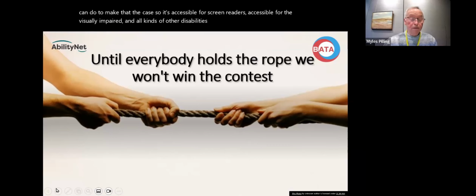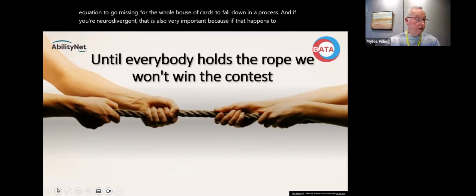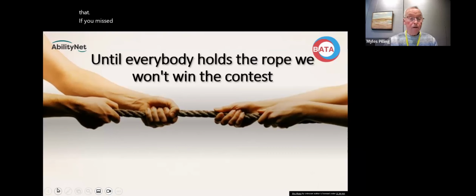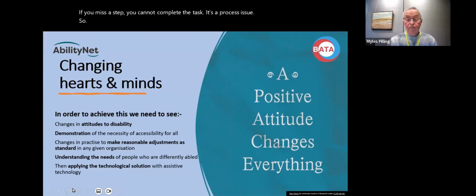And it only takes one bit of that equation to go missing for the whole house of cards to fall down in a process. And if you're neurodivergent, that is also very important, because if that happens to you, you will find that if you miss a step, you cannot complete the task. It's a process issue.